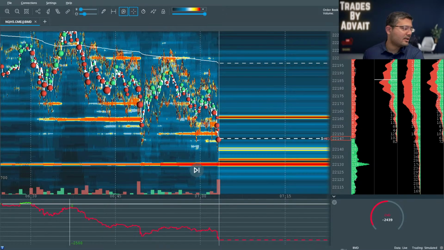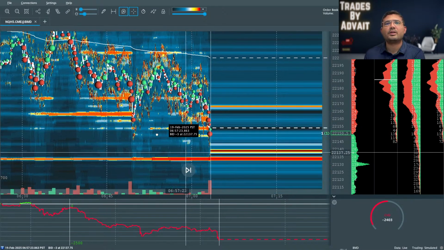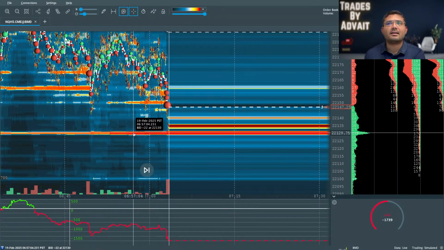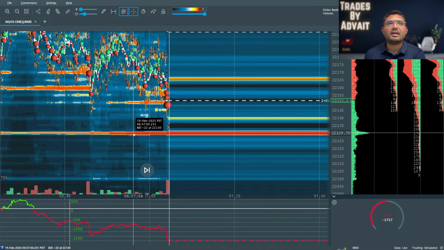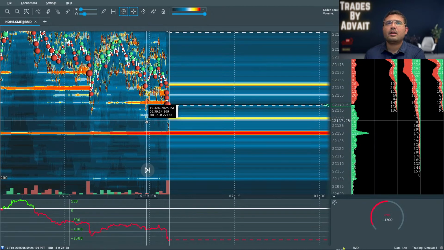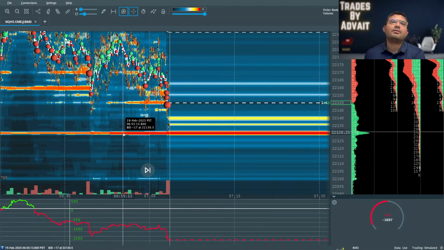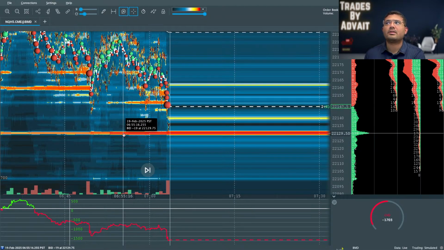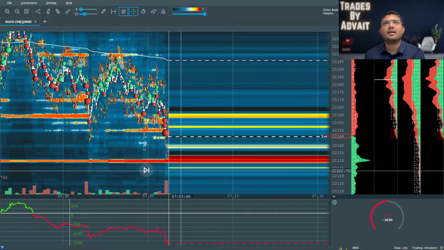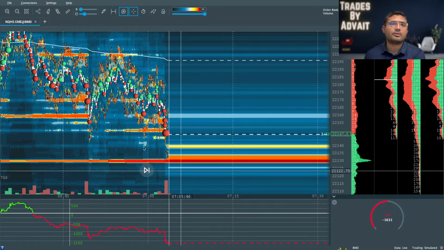That is where the liquidity charts come into the picture. Over here you can see there is heavy liquidity sitting at 22,128, right? This is the 22,128 level, and I wouldn't be surprised if the markets touch this level. If it touches this level, then we will reassess what to do.